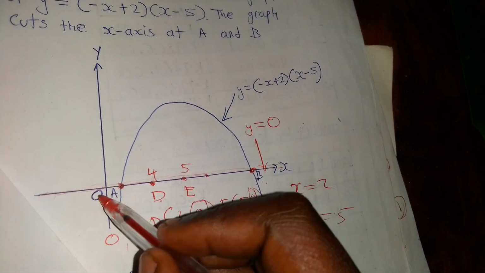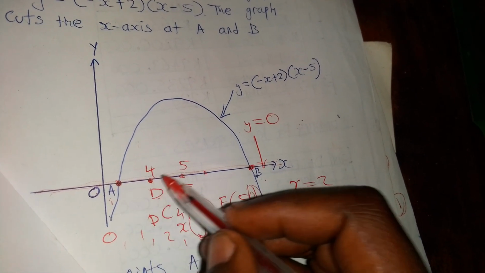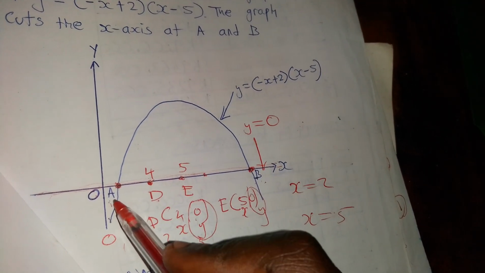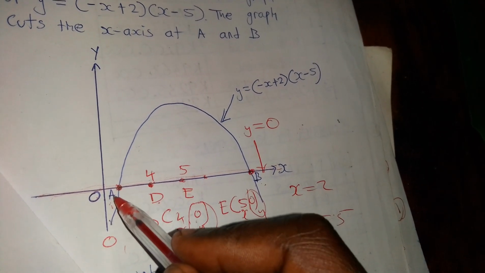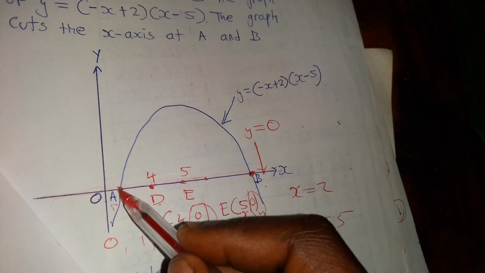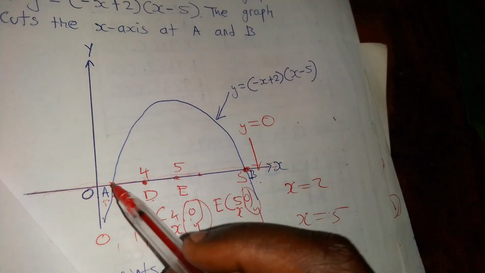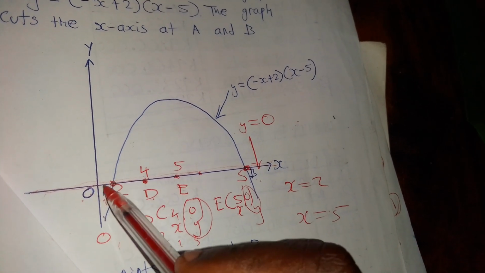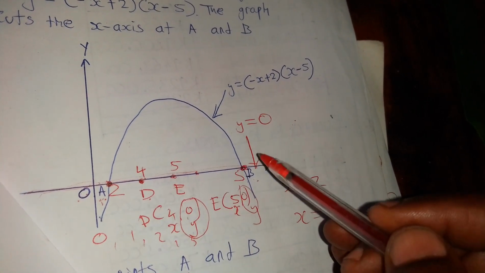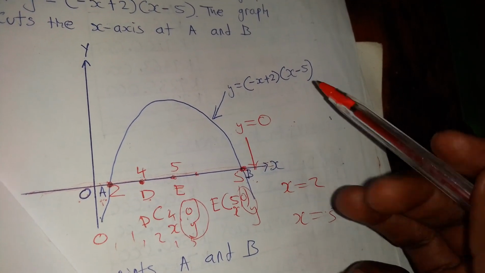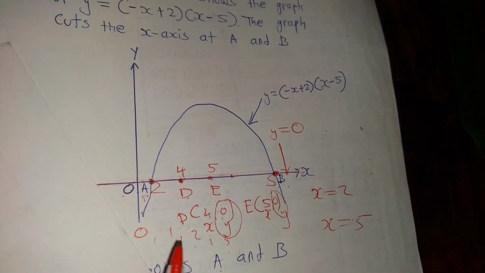So from 0, somewhere there we have 1, 2, 3, 4. So the first value, where there is A, here there is a 2. And where there is B, here there is 5. The numbers are increasing from 0, 1, 2, 3, 4, until you get to 5. So now, when writing the answers, we know that A is 2.